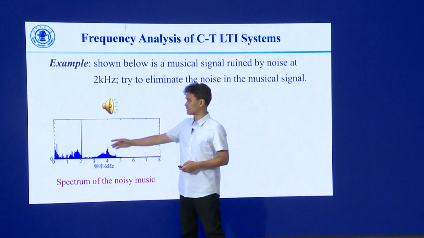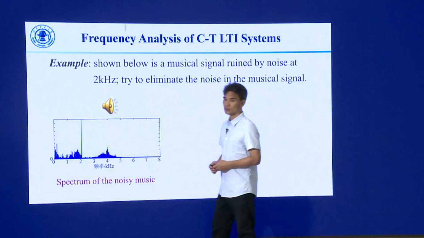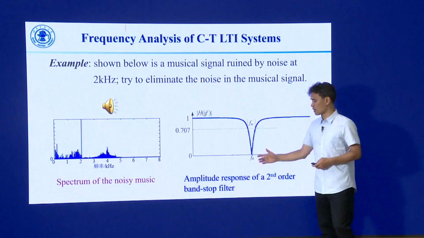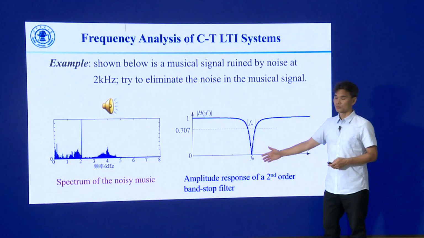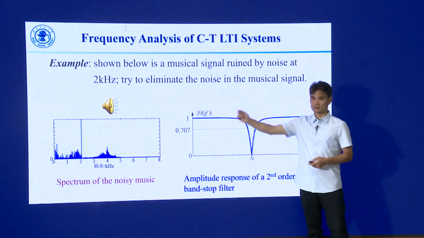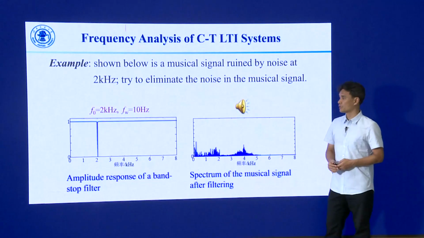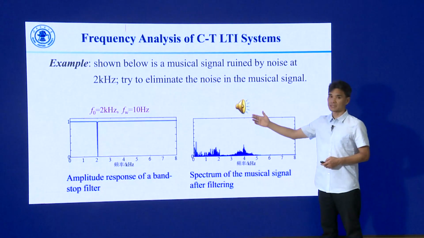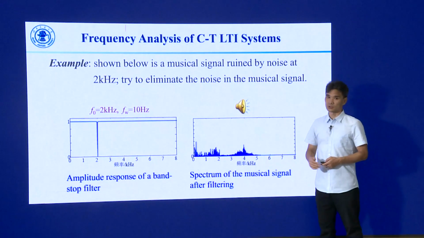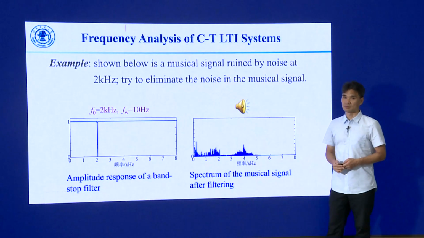If we know that this is the noise, we can design a band stop system to selectively remove that noise from the signal. And here is the processed music. Clearly, the noise is already removed from the music.